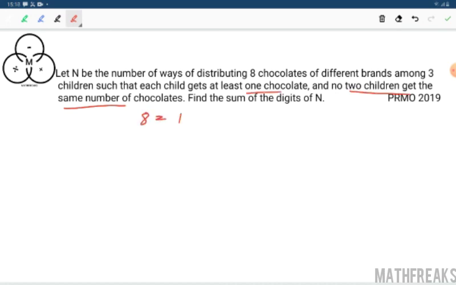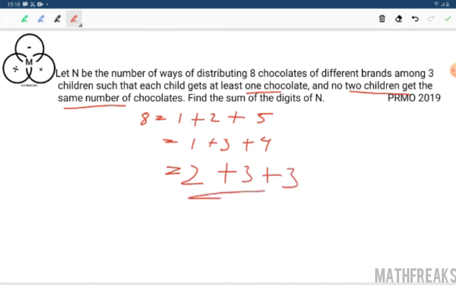So one possible distribution is 1, 2, 5. Another is 1, 3, 4. If we just try with 2 for the first child, then 2, 3 and 3. So we can see that only these are the 2 valid solutions and this is invalid.